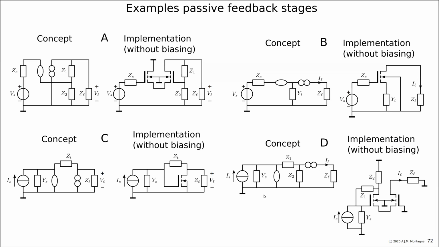And here is the implementation without biasing, of course, for a non-inverting current amplifier. So here you see these are passive, we call this passive feedback stages, single stage amplifiers having negative feedback.